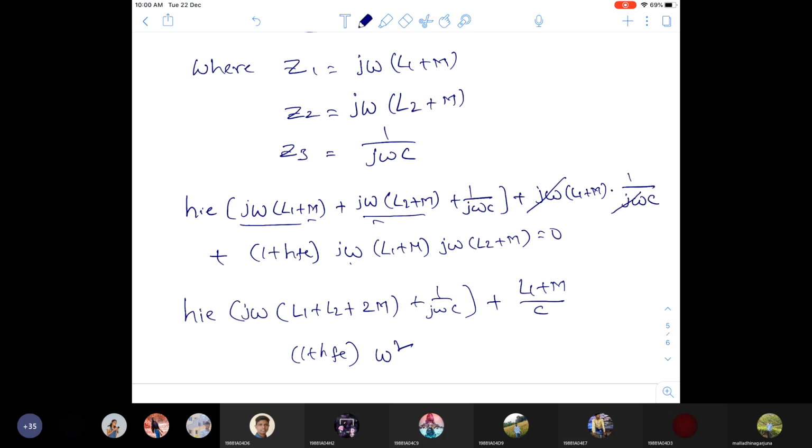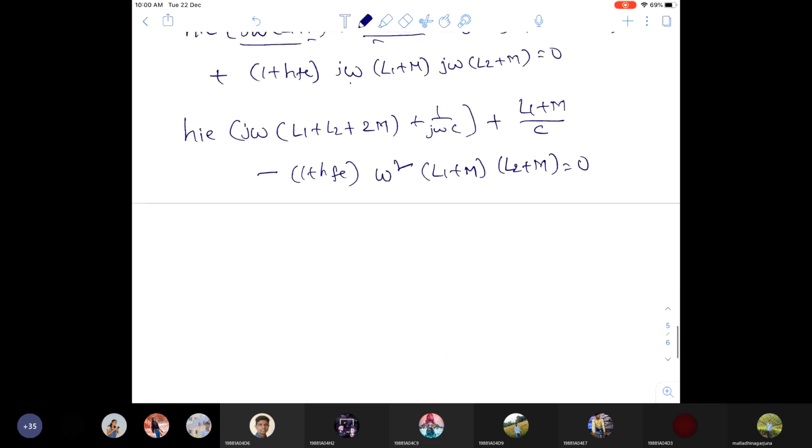Minus 1. So this becomes minus omega L1 plus M into L2 plus M equal to 0. So from this, now separate all the terms, real part and imaginary part.